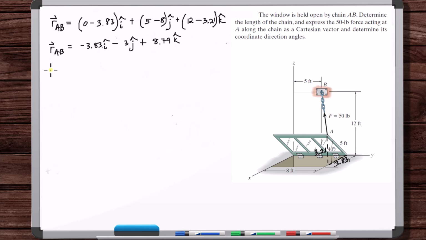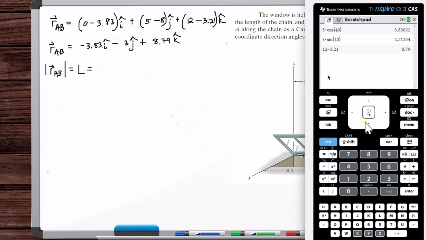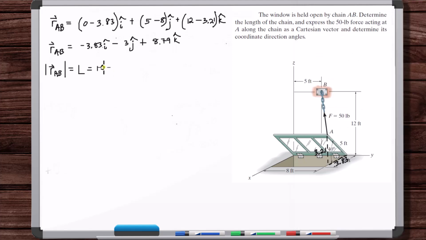Okay, so the length of the chain is equal to the magnitude of rAB, which is ten feet.